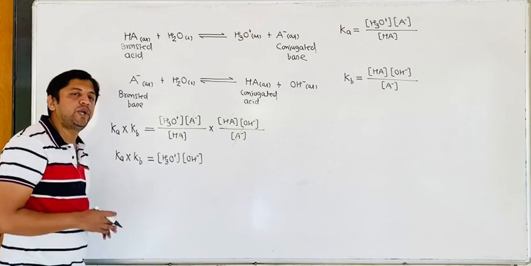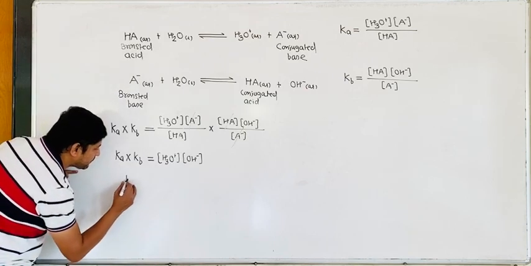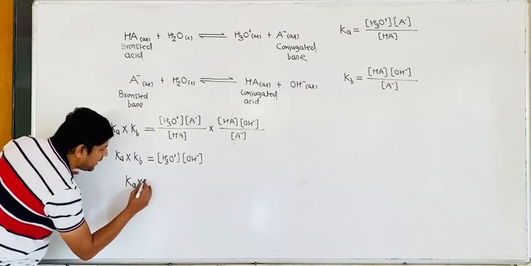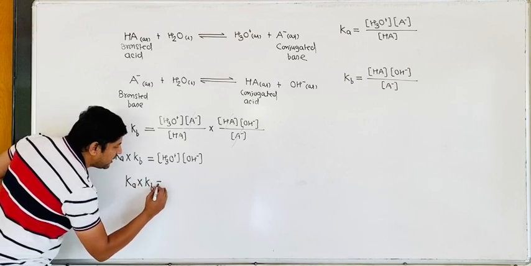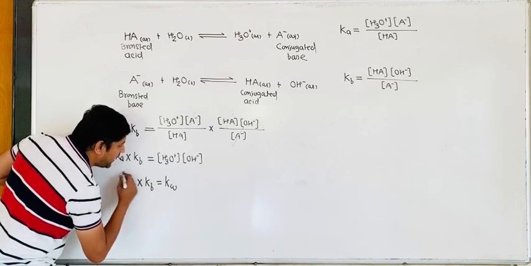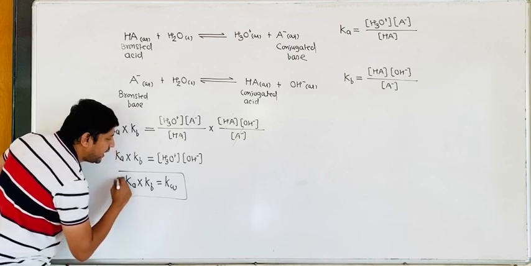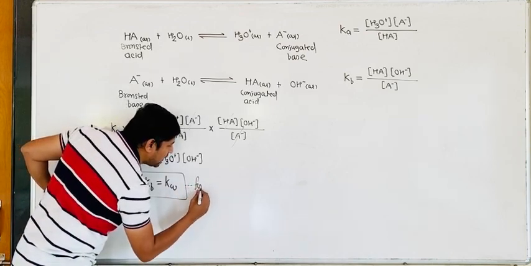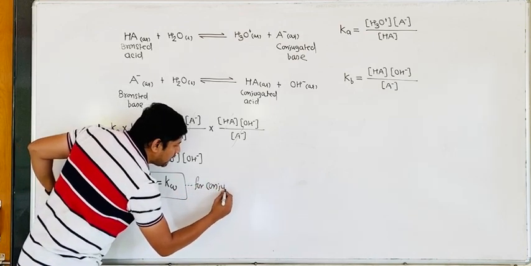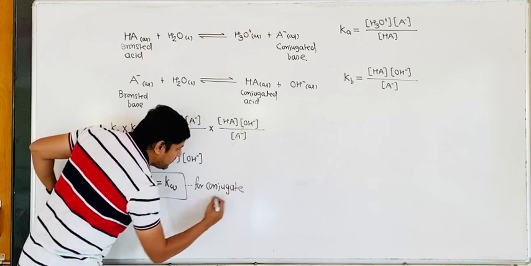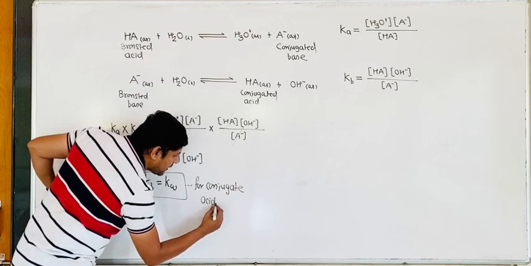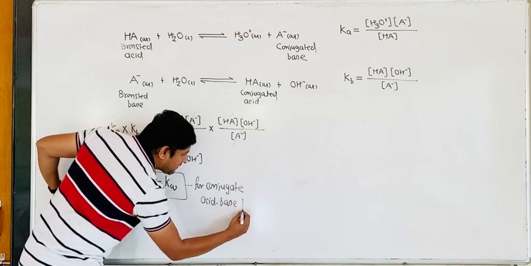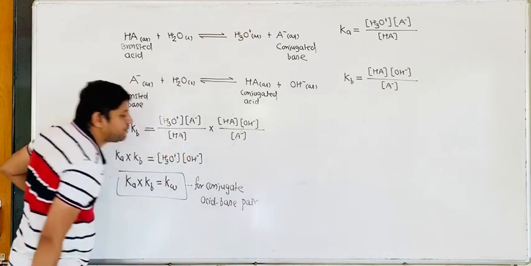So Ka into Kb is equal to Kw. It is valid for conjugate acid base pair.